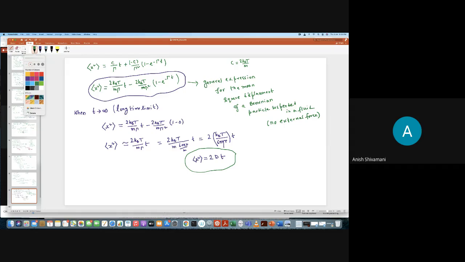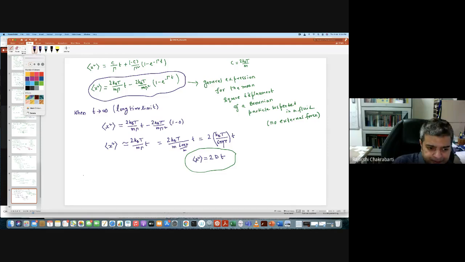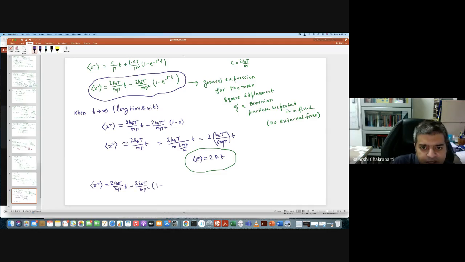We can further expand the exponent. Short time means I can expand this exponential.